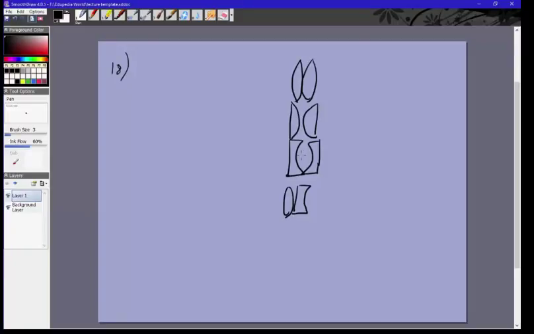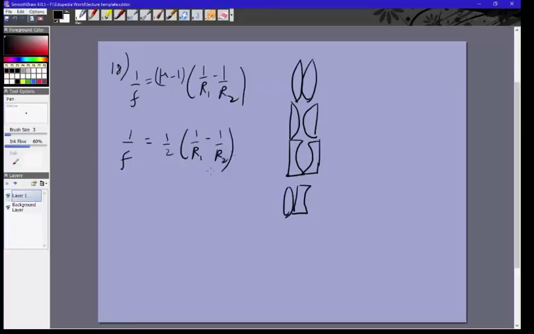It's easy. All we really need is the formula: 1 by f is equal to mu minus 1 times 1 by r1 minus 1 by r2. In this case, mu is 1.5, so mu minus 1 is 1 by 2, times 1 by r1 minus 1 by r2.